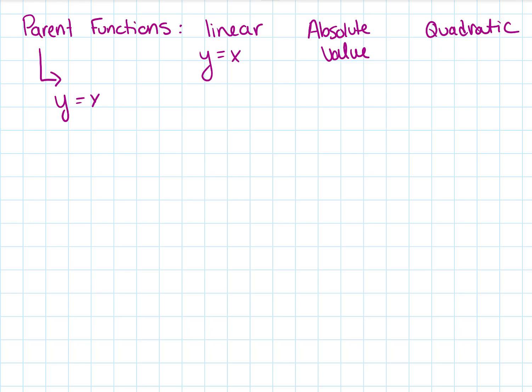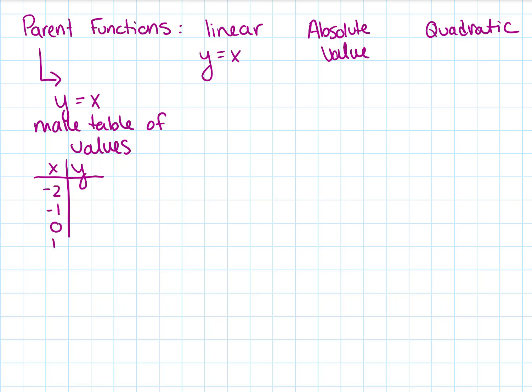So if I look at y is equal to x and I graph, we're going to make a table of values. And I'm going to pick some arbitrary x values: -2, -1, 0, 1, and 2.